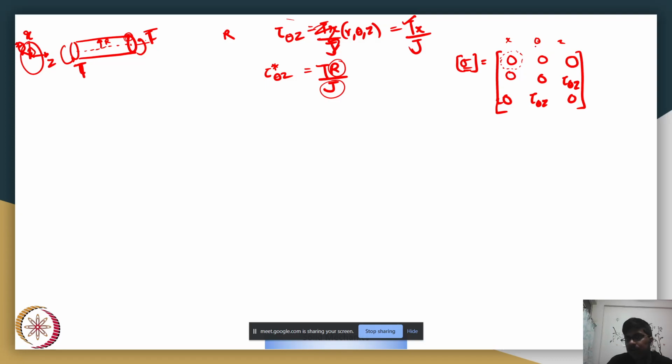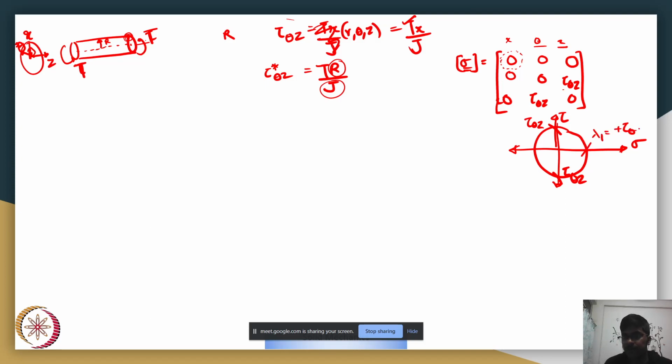So theta z essentially becomes your plane for drawing the Mohr circle. And now your values are tau theta z. Then if I draw my Mohr circle, it would look something like this. This is my tau theta z. This would be my Mohr circle, so I can figure out my lambda 1 would be plus tau theta z and my lambda 2 would be minus tau theta z.